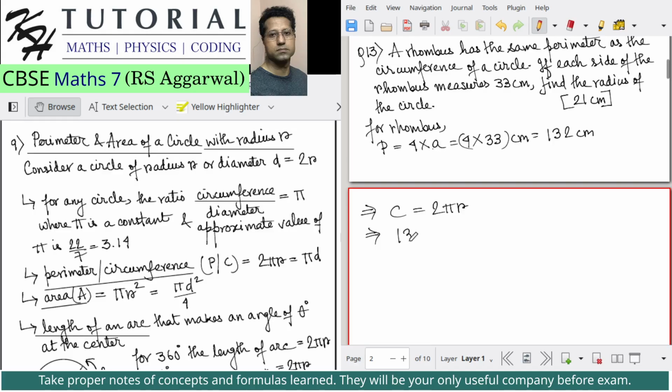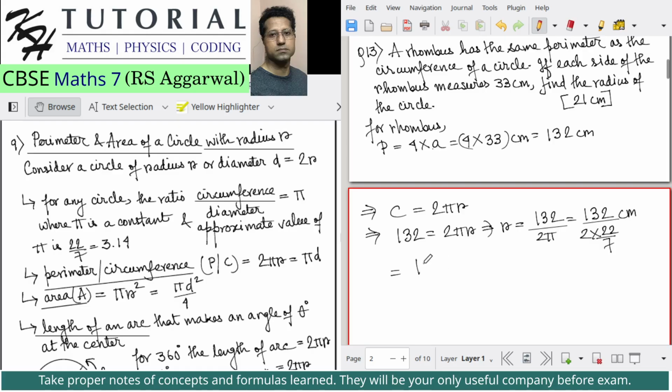So we have 132 is equal to 2 pi r. So this implies r is equal to 132 divided by 2 pi, and pi we will consider the value of pi as 22 by 7. So this much centimeter will be the radius of the circle.